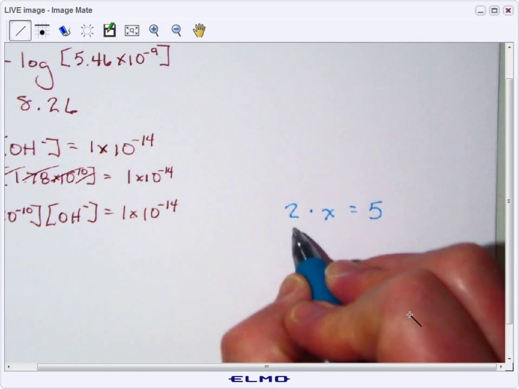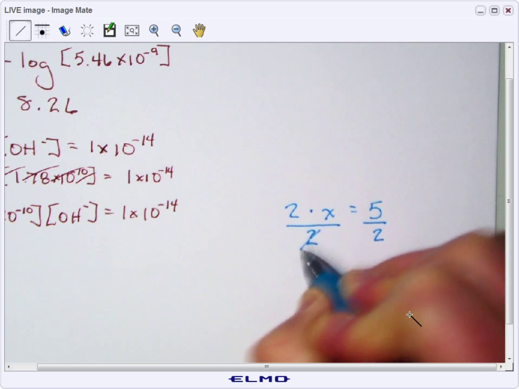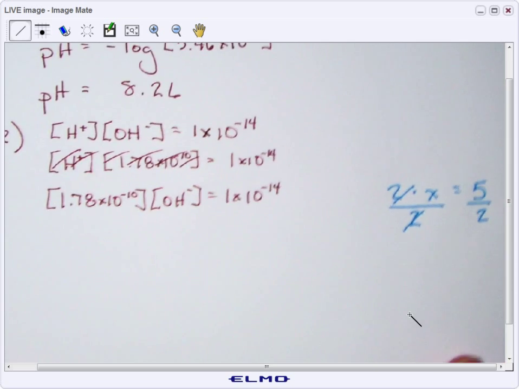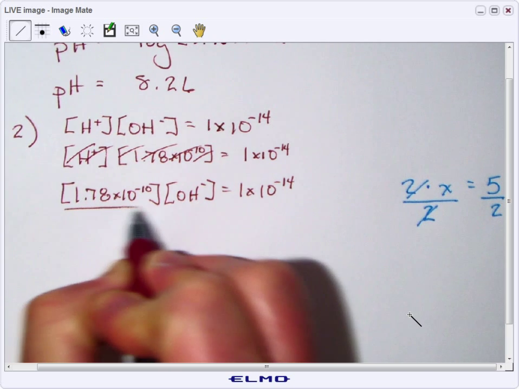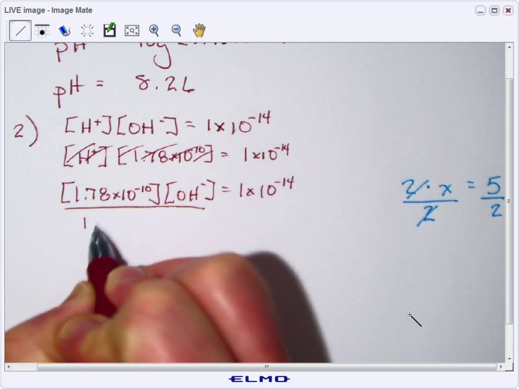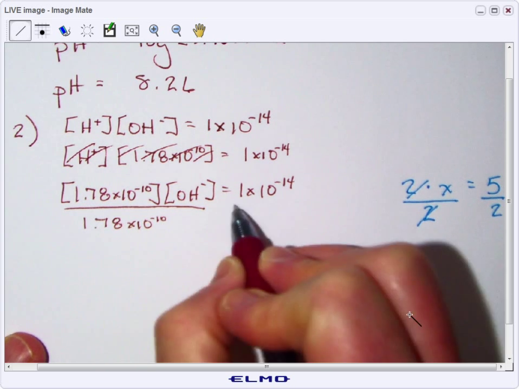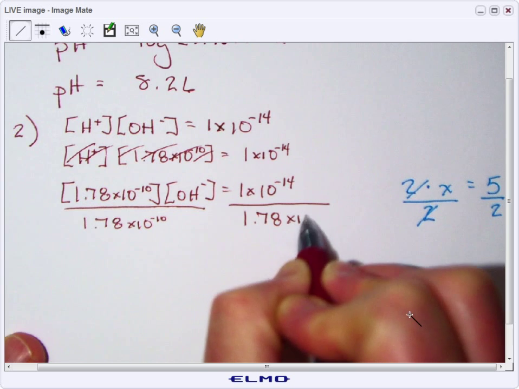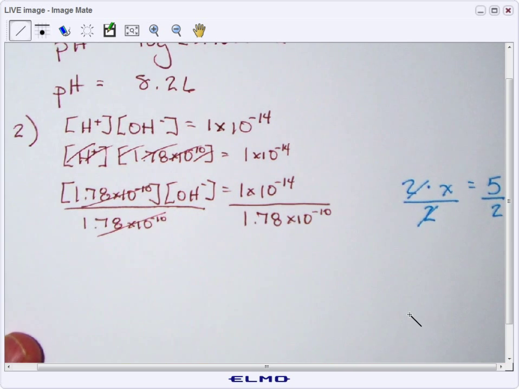You would divide both sides by 2 so that these cancel. So wouldn't I do the same thing over here? We're going to divide both sides by 1.78 times 10 to the negative 10. What I do to one side, I have to do to the other. That means these cancel.